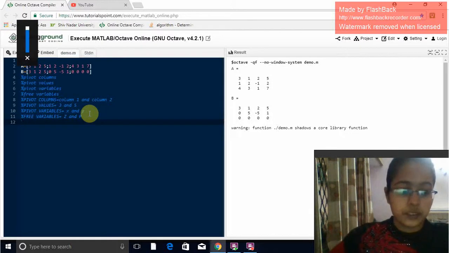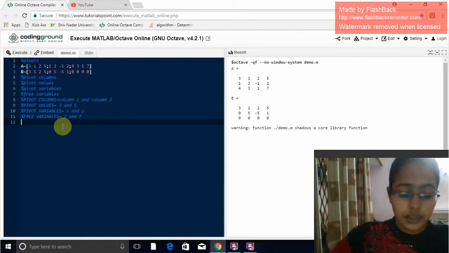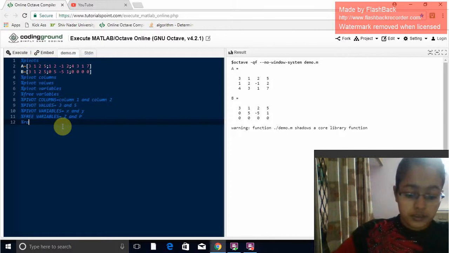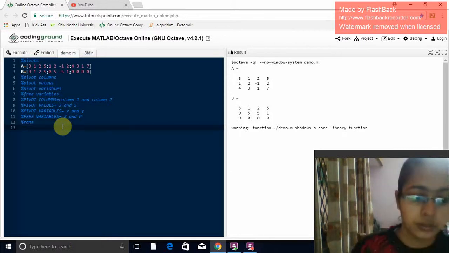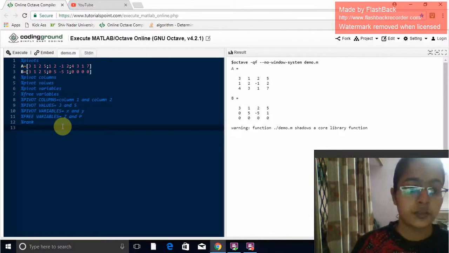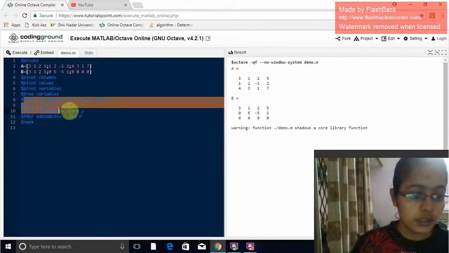Now let's see what the rank of a matrix is. Rank is basically the number of pivot values or the number of pivot columns.